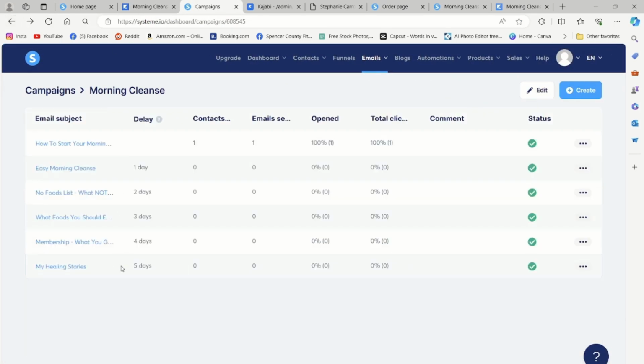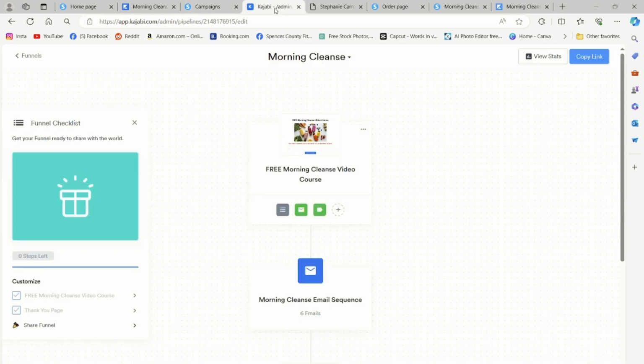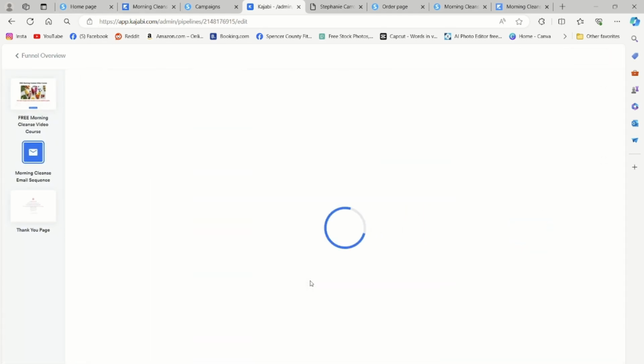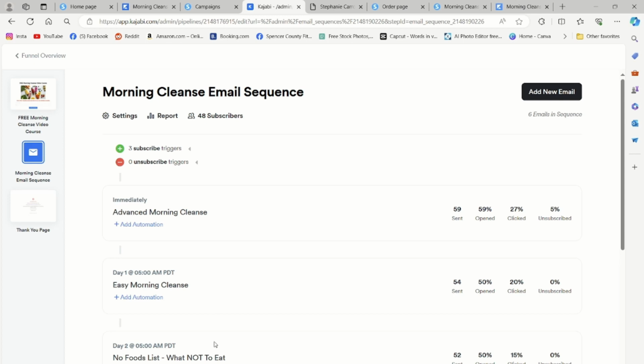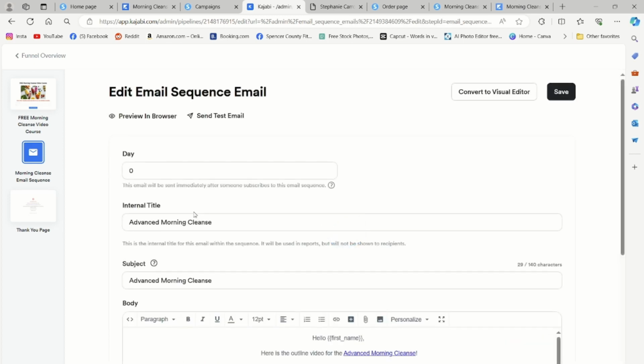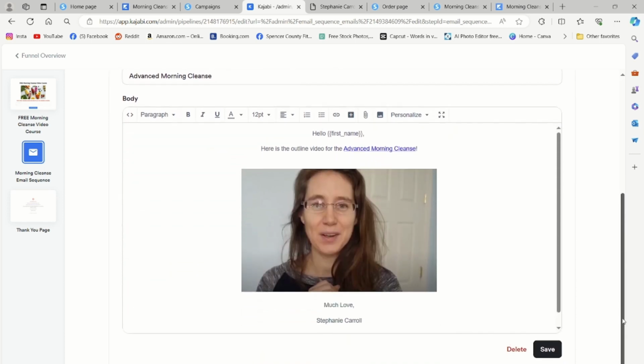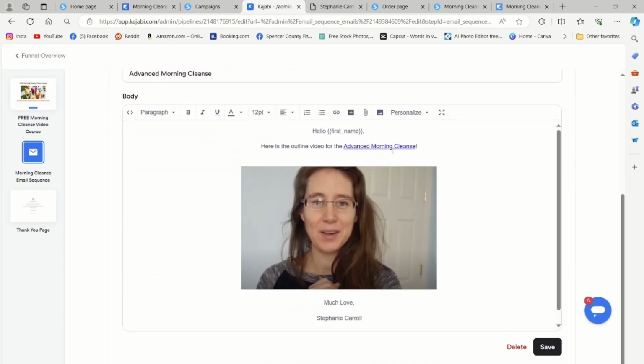This is what it looks like in System E. And then here's Kajabi. So you have your landing page and then your different emails. When I go into my email, it's a little bit different because I have my email, but then I have my landing page.